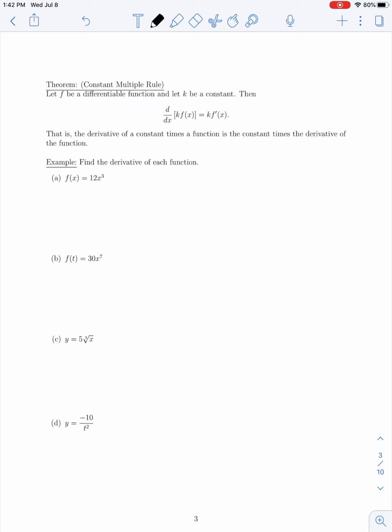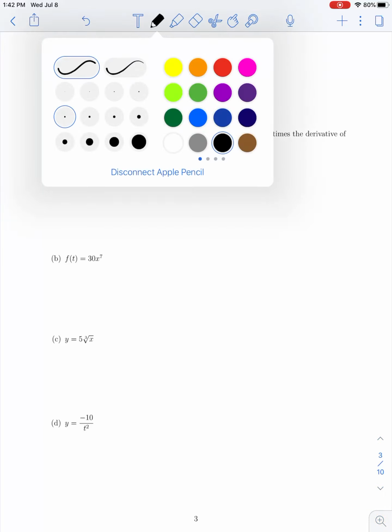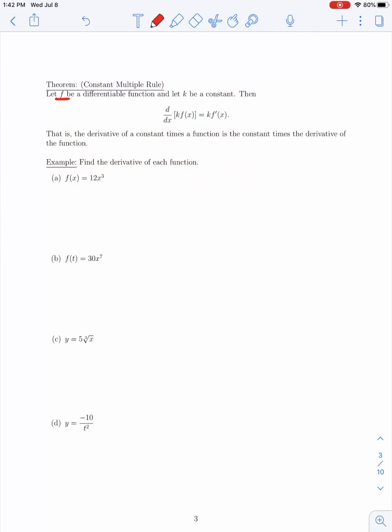Now the next rule, which we'll make use of, is called the constant multiple rule, which says the following. If we have a function f, which is differentiable, so its derivative exists, and k is some constant, then the derivative of a constant times the function f of x is equal to the constant k times the derivative of that function.